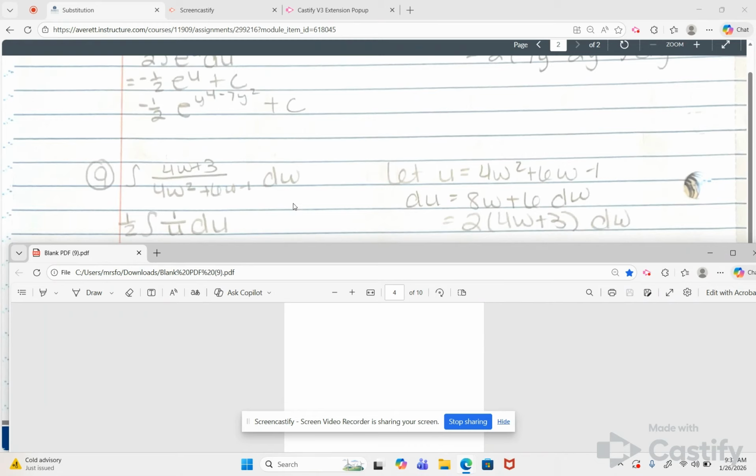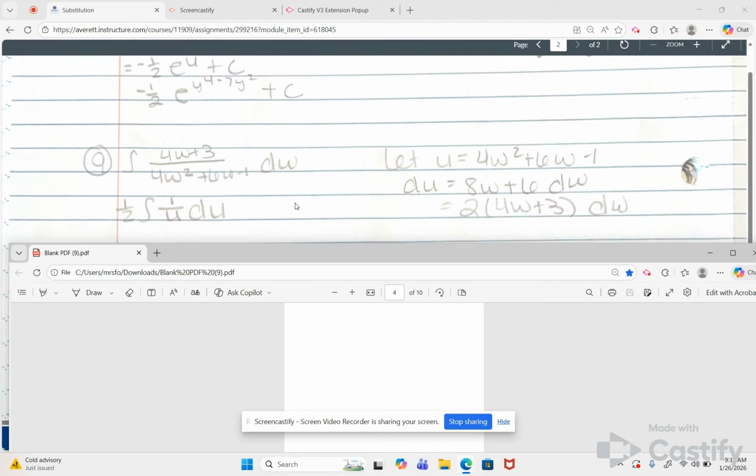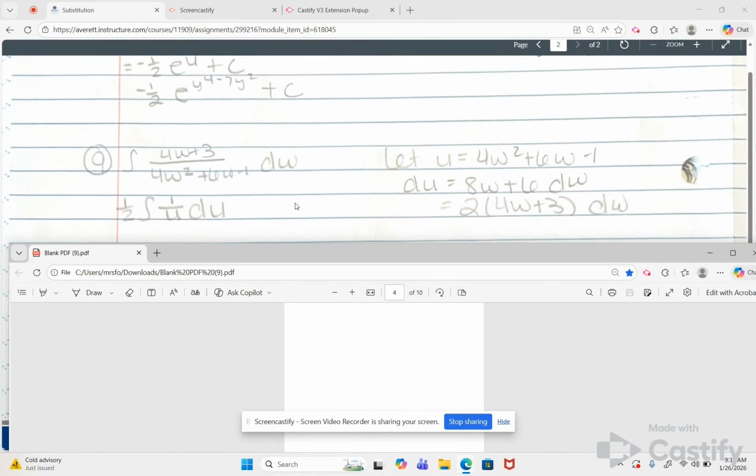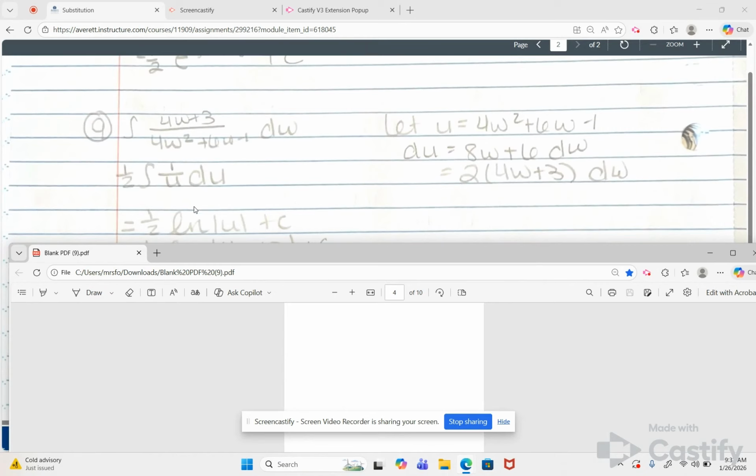So now you might be like, oh, I don't know what to do here. Well, if you look back at our notes where we did trig, exponential, and logs, you will see that the integral of 1 over u is the natural log of u.